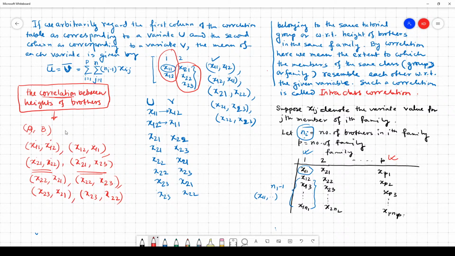So now I define the variables. Before, suppose xij denotes the value of the jth member.